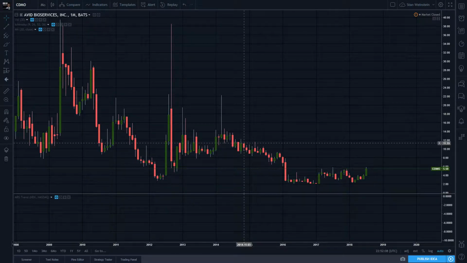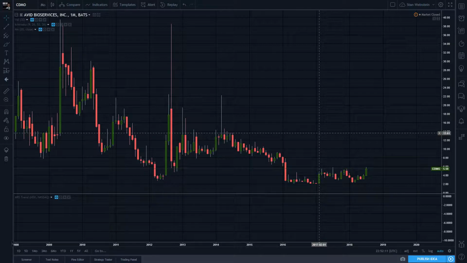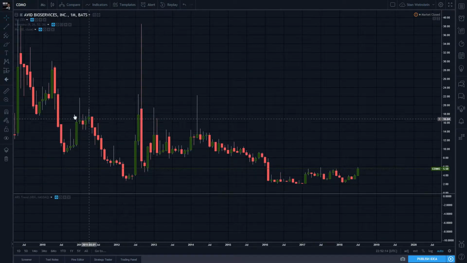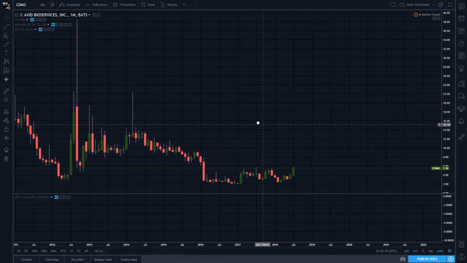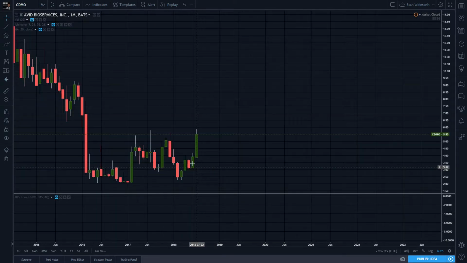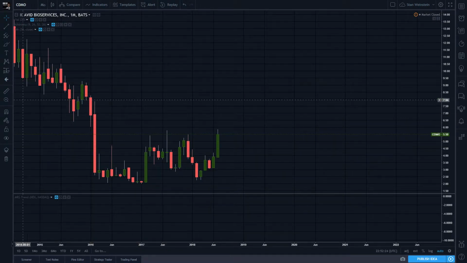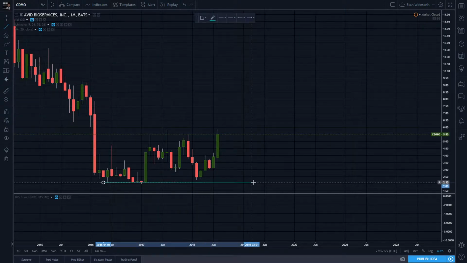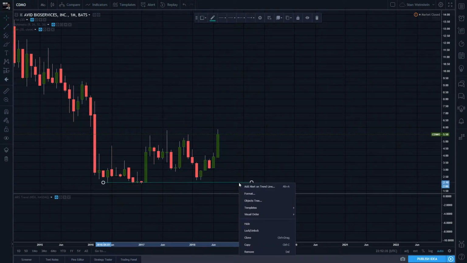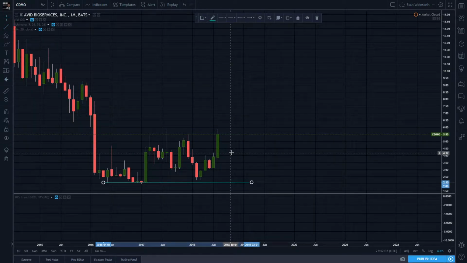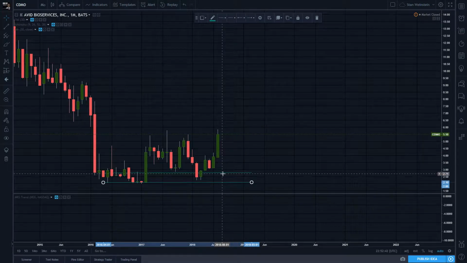All right. Let's start by setting the monthly trend. And look at that. Here we go. I'm going to start by identifying my monthly defined resistance and support.